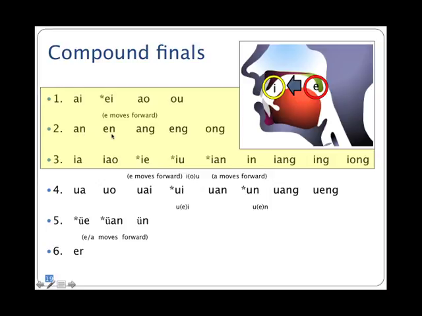The only sounds that can occur at the end of a syllable in Mandarin Chinese are n and ng. An, an, un, ang, ong.